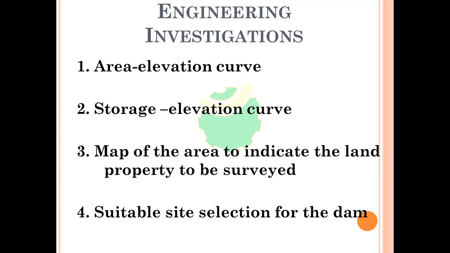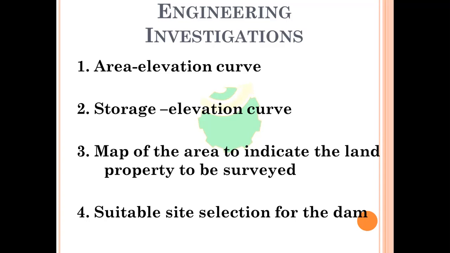Suitable site means it is easily accessible to the local people and laborers, the basement is strong, and the local materials are available. Because of local materials and transportation, the cost of construction of the dam decreases. So we must take care of the cost of construction of the dam.